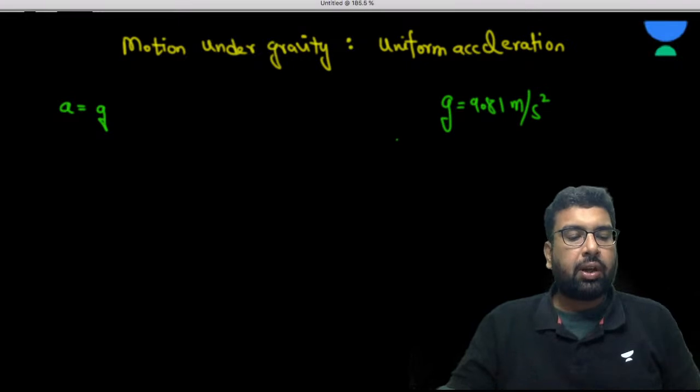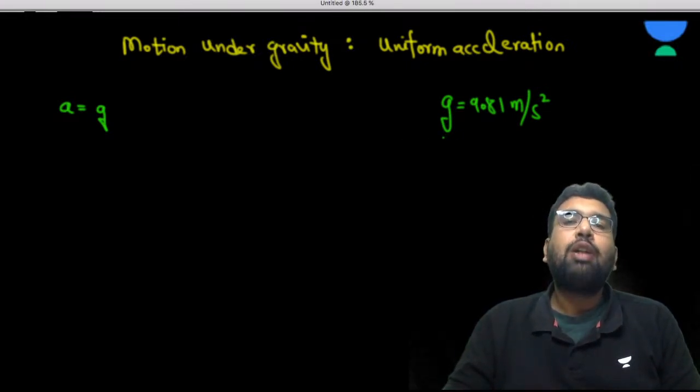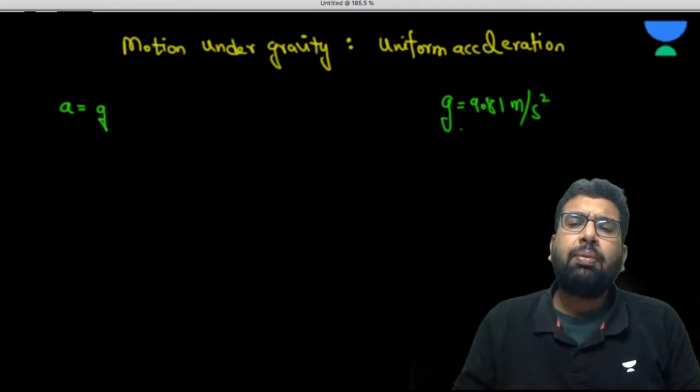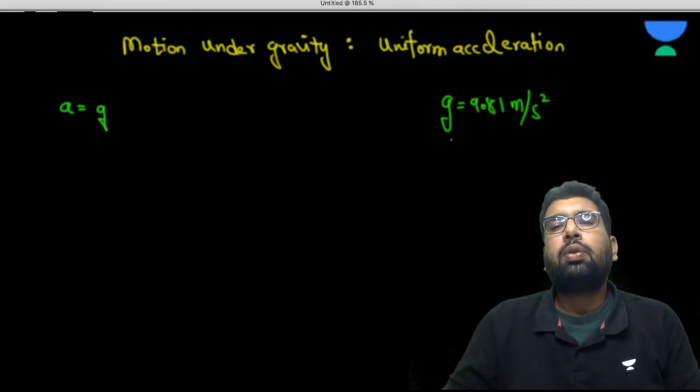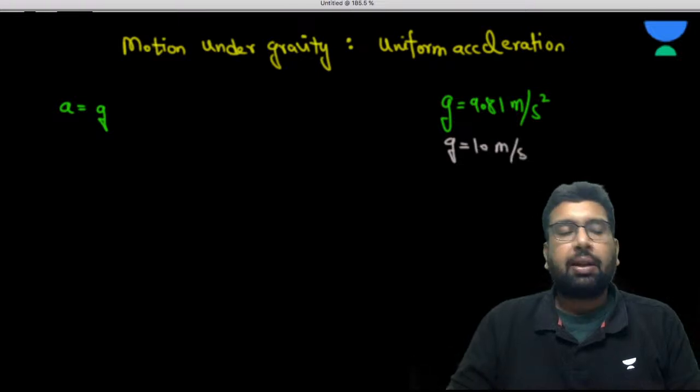This is the general value of the acceleration due to gravity, right? Sometimes, for ease of solving the question, we may consider g equal to 10. Don't mind it.